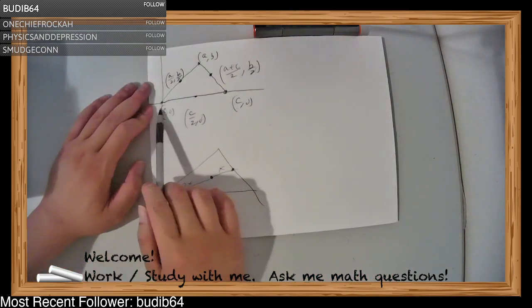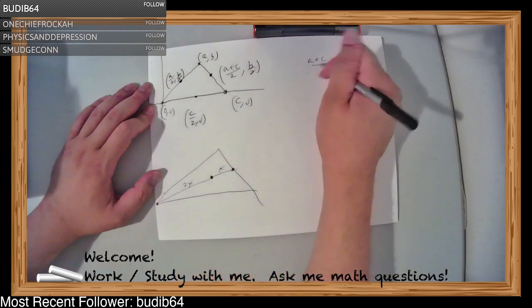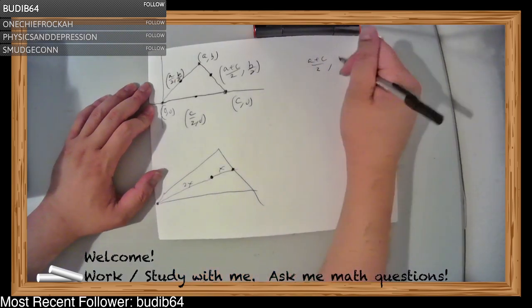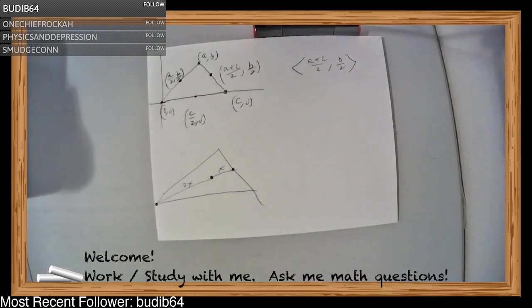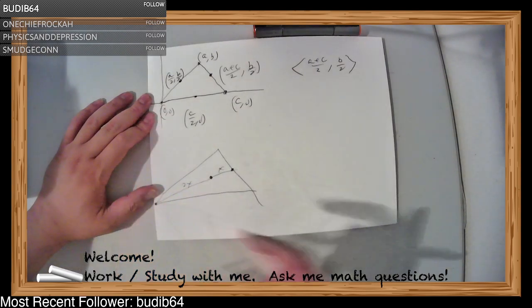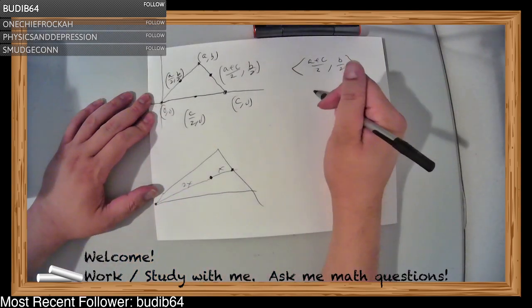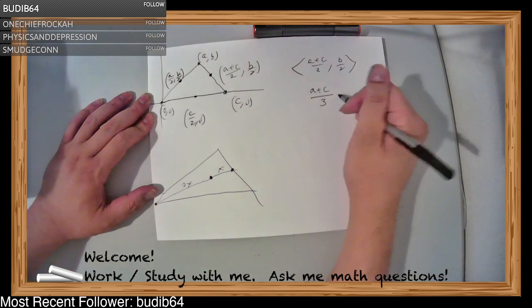But anyway, the vector distance between here and here is (a plus c) over 2, b over 2, and we want 2/3 of it, and then add it to the initial point, which is 0, 0. So that'll get us to the point (a plus c) over 3. Hold on.